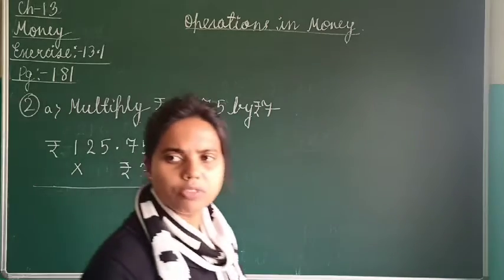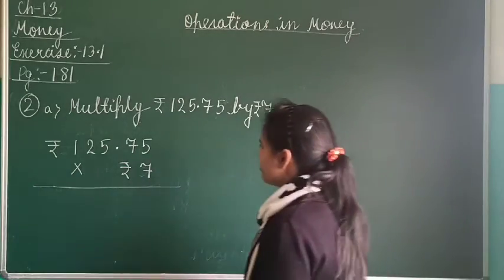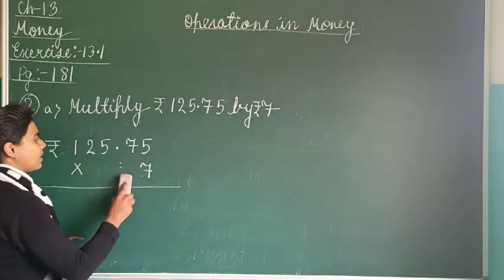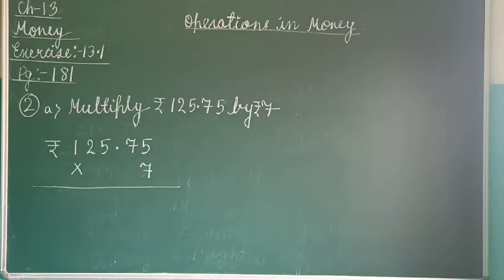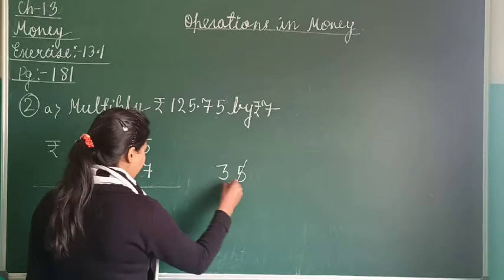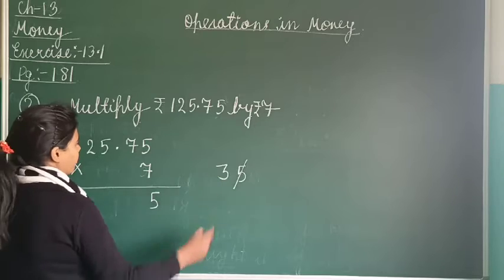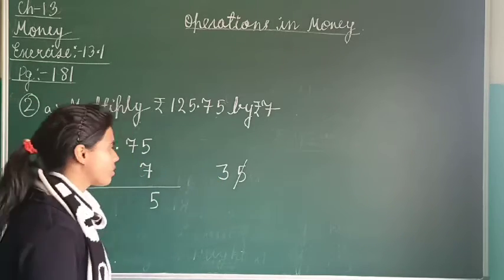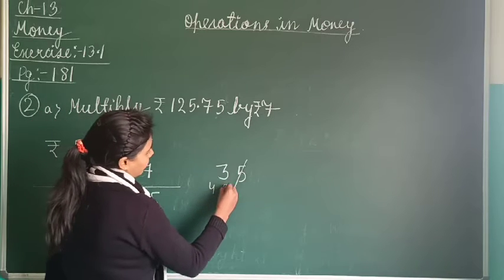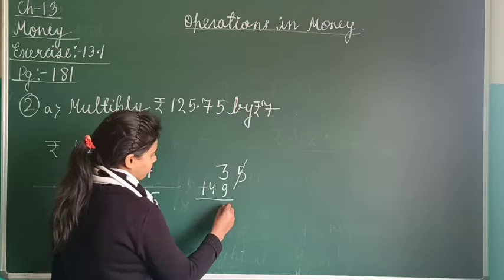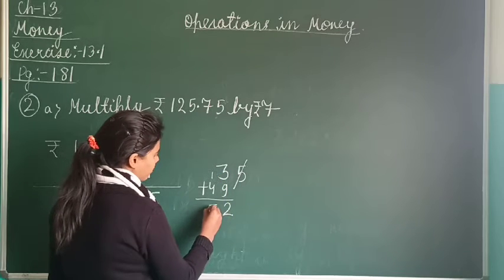First of all you have to multiply. If you don't want to write here, please don't write. At the end we will write anyhow. Now 7 5s are how much? 35. So 5 we will write here, and 3 will be left. Now 7 7s are 49, but 3 is left here, so first of all we will add. 9, 10, 11, 12. 52 we got.